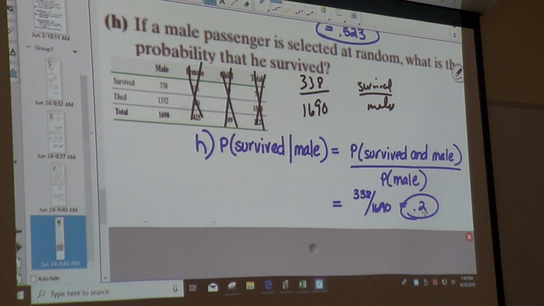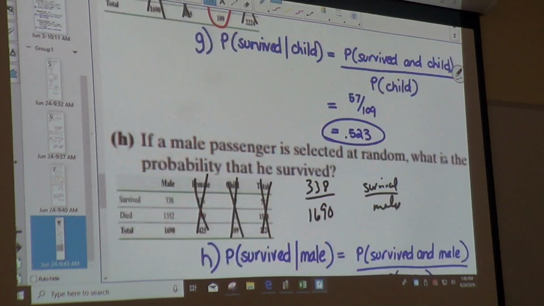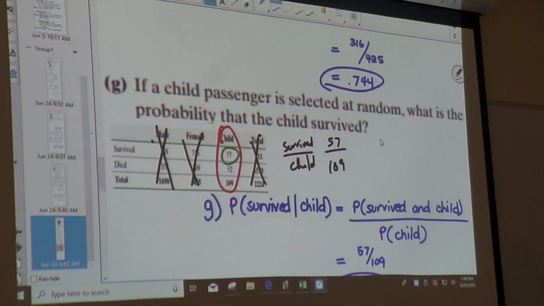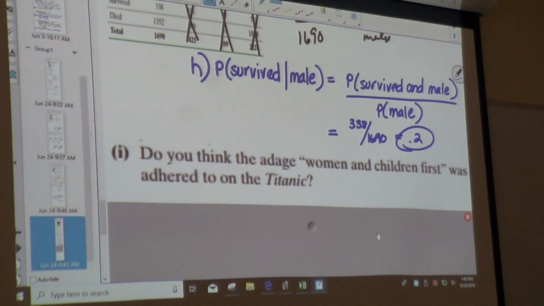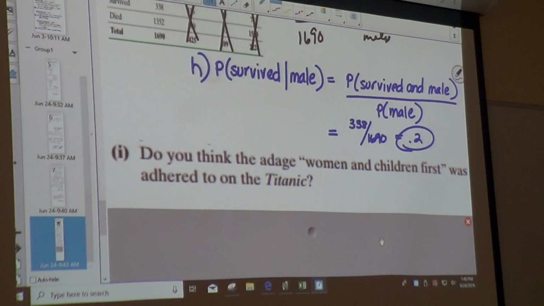So 20% of the guys survived, 52% of the children survived, and 74% of the women survived. So my next question says, do you think the adage, women and children first, was adhered to on the Titanic? 20% of the males survived, 50% of the children survived, and 74% of the women survived.